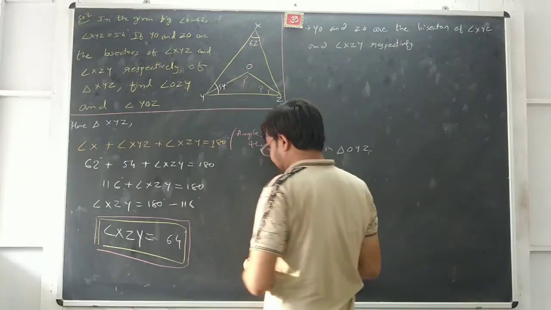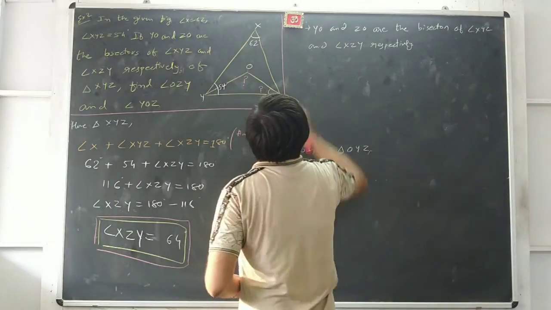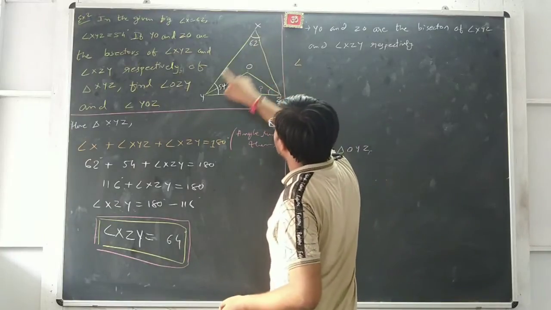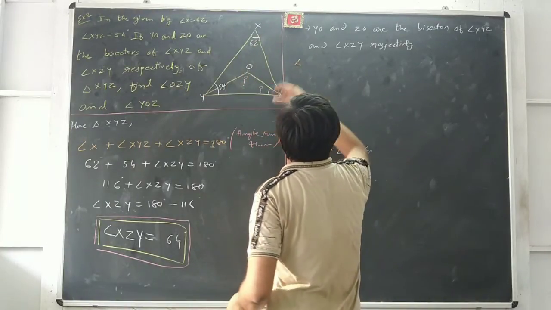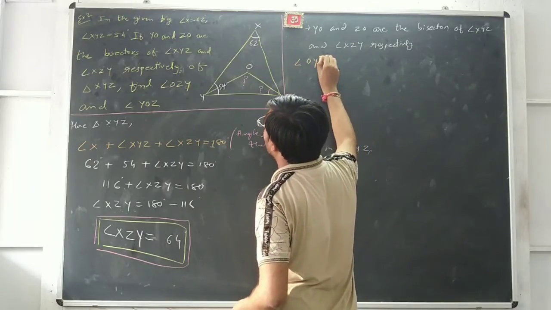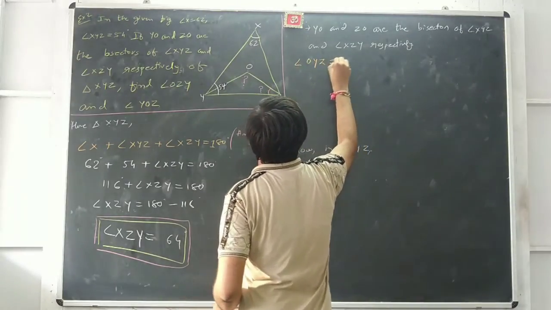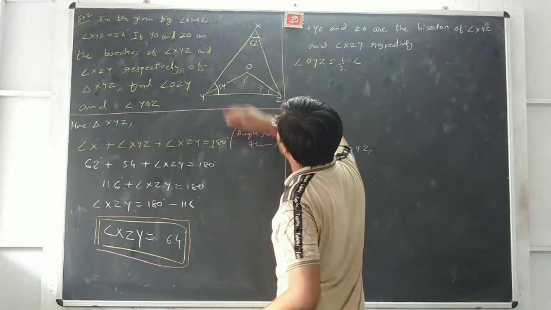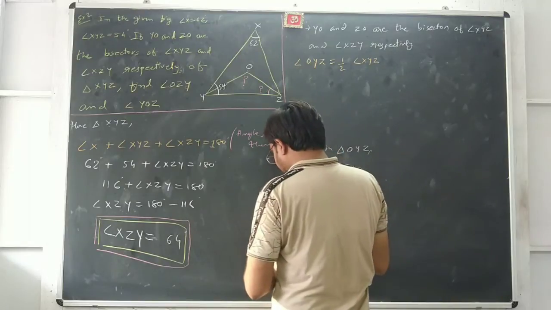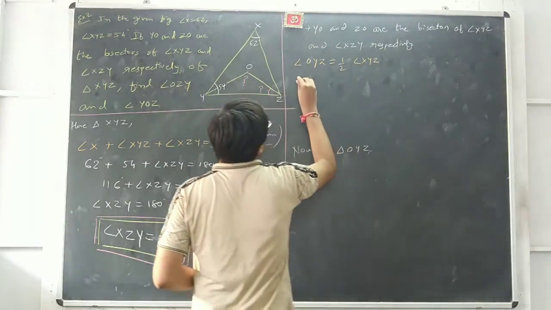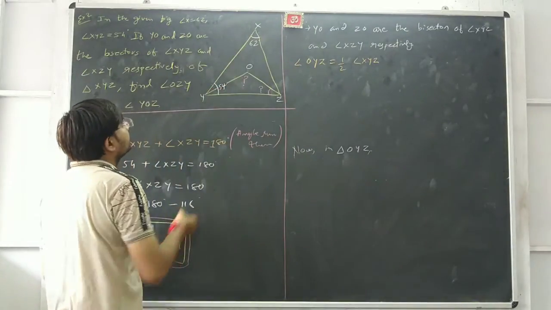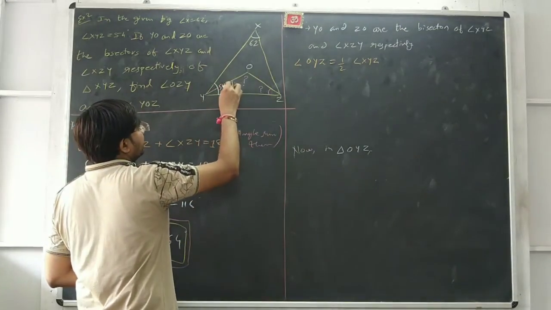Then we can write about this angle: OYZ is equal to 1 by 2 angle XYZ. OYZ, this angle only.